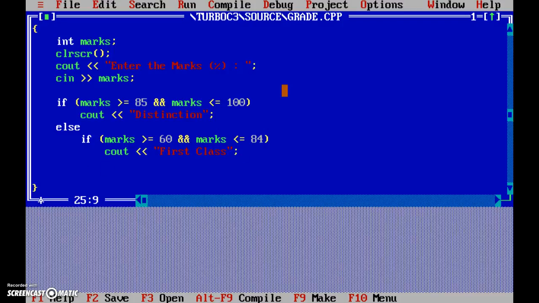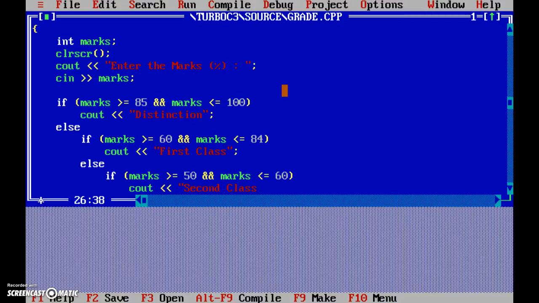Okay, now if it is not even in that range, then again we have to check if marks is greater than or equal to 50 and marks is less than or equal to 60, then cout is second class.